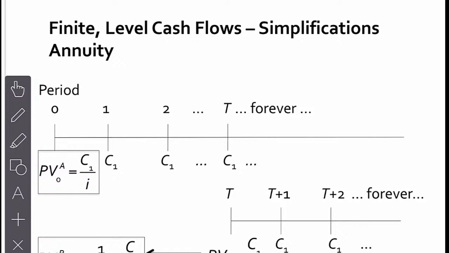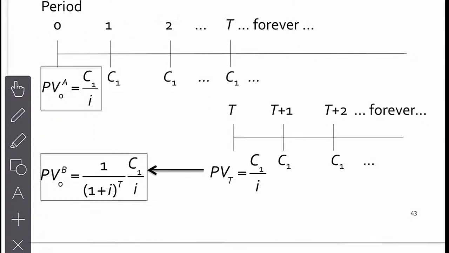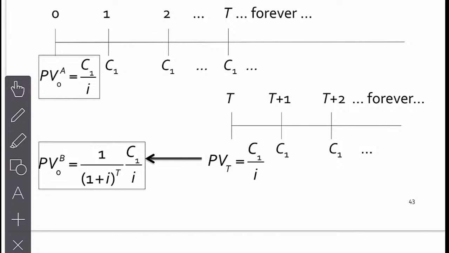Using that notion and introducing the technique that I show you, we can derive the annuity formula. The cash flows that come after T in an annuity don't exist, but in a perpetuity they would be here.